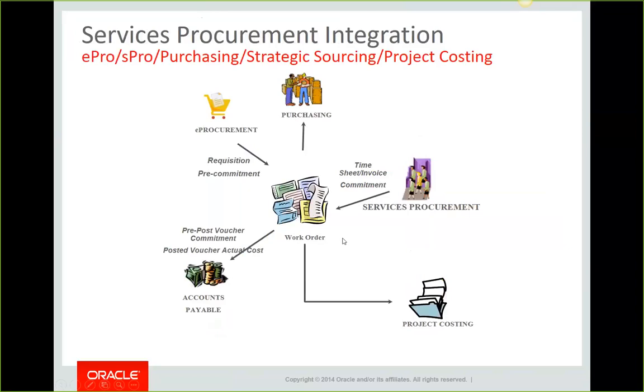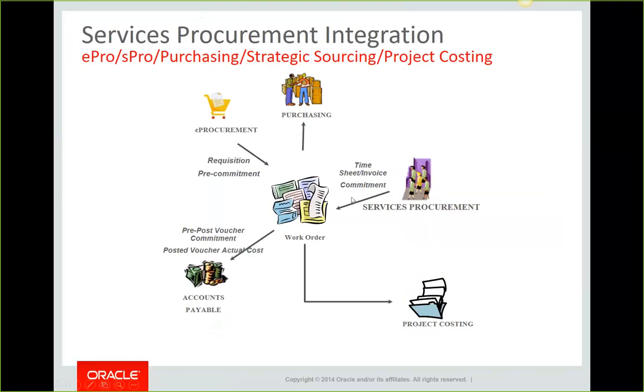Now, one thing to remember as we go through this is that once you've onboarded someone in services procurement, the center of the universe is the work order, because the work order is going to keep track of the original request. It's going to keep track of your timesheets, how you're doing your distributions, who the service provider is, what kind of timesheet they're going to be filling out, and then track consumption.